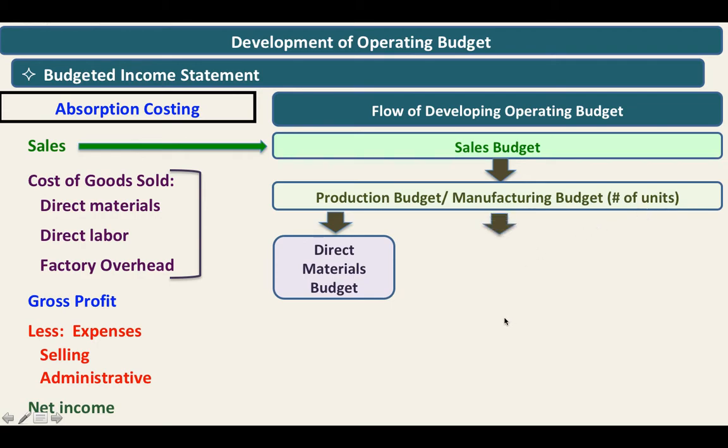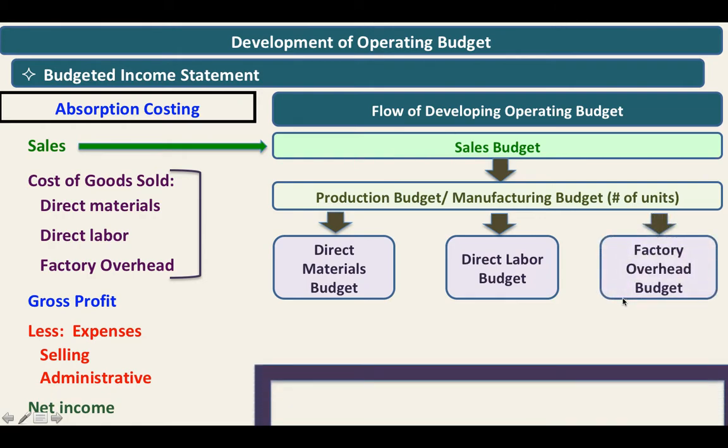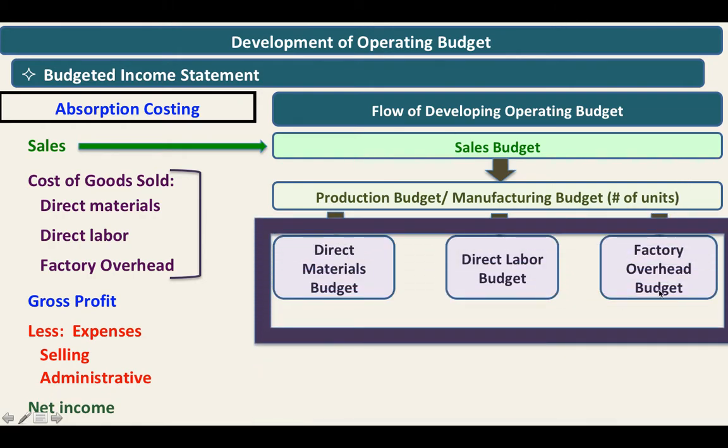And then we also have to come up with the budget of direct labor for the number of units to be produced and the factory overhead for the number of units. Basically, this is your manufacturing cost for the number of units to be produced. However, it is not guaranteed that everything that you have produced will be sold. So we have learned how to compute that.